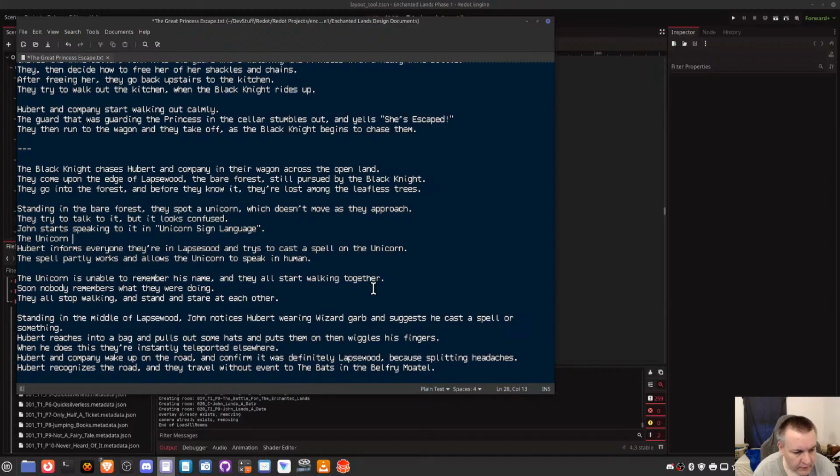The unicorn gestures that he lost, and casts a spell on the unicorn, the unicorn to speak in human. Yeah, I'll stop walking and stop staring at each other. Sitting in the middle of Lapswood, John notices Hubert wearing wizard garb and suggests he casts a spell or something.